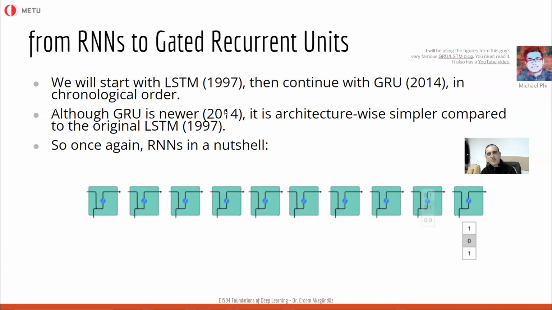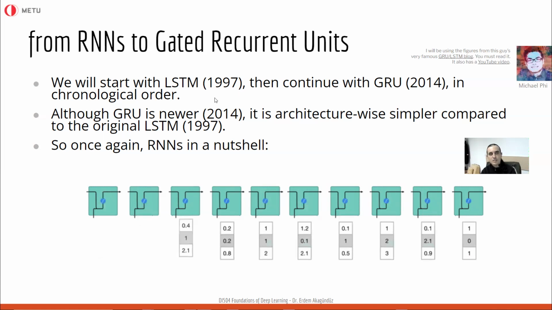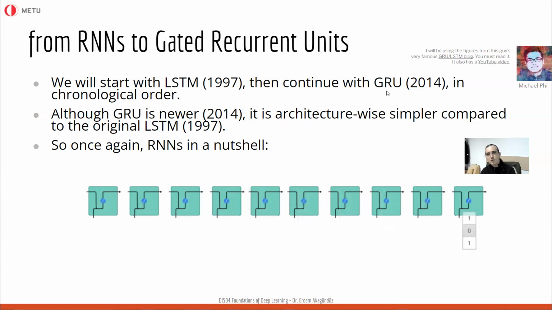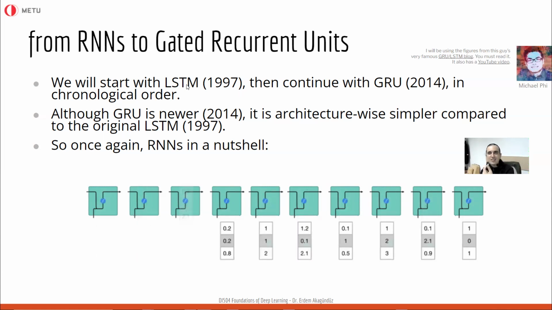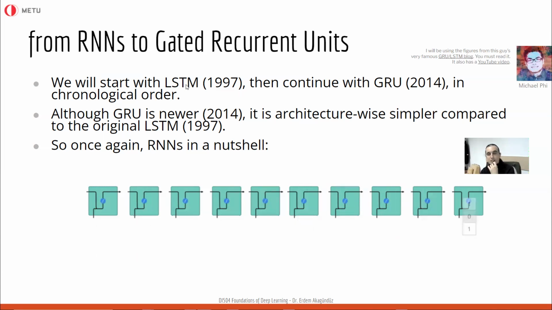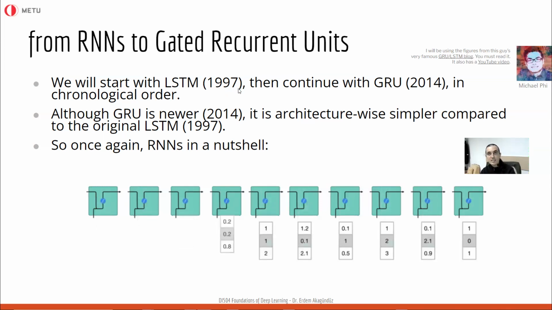Advances on that architecture continued even until 2014, when there was another one called GRU, which is an extension of LSTM, a slightly different version, but it doesn't matter. So like 20 years ago, we had a nice design of an RNN which could train longer dependencies.